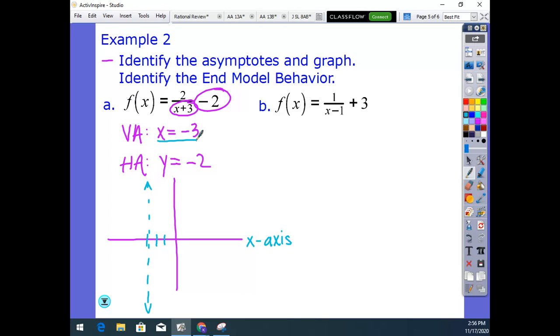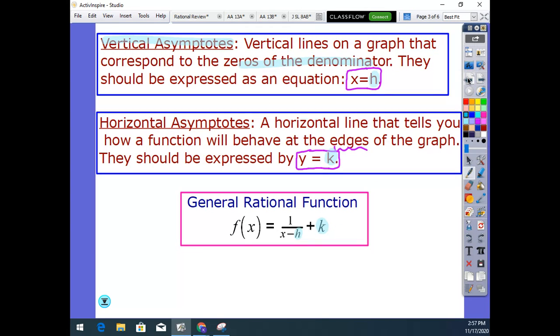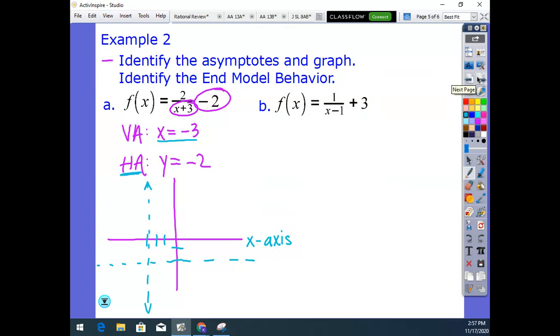The horizontal asymptote shifts everything up or down. So we're going to shift down to -2. So I'm going to make a horizontal asymptote at y equals -2. Now, be really careful here. The vertical asymptote we have to avoid, the horizontal is just the ends of the graph, the edges of the graph. Okay, so let's find out where the graph is at.